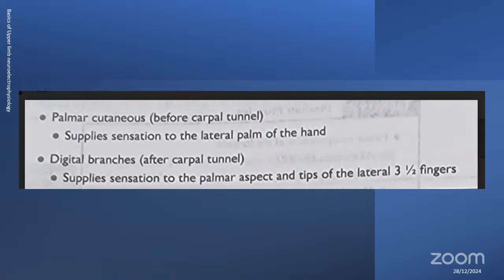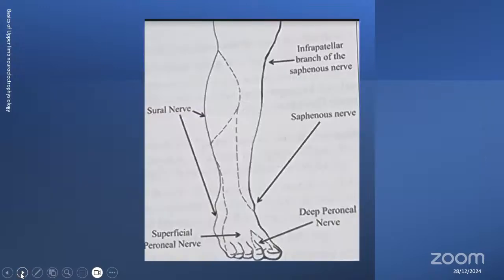Ulnar nerve is the little finger, and radial nerve is the anatomical snuff box. These are the areas which are dedicated to the individual nerves in the upper limb. So you can see the lower limb nerves. We'll take that later, so we'll skip that.